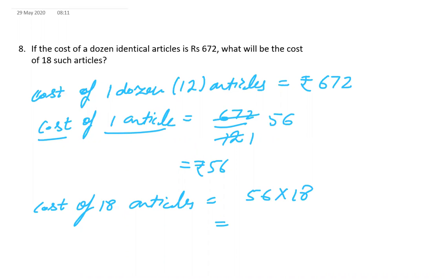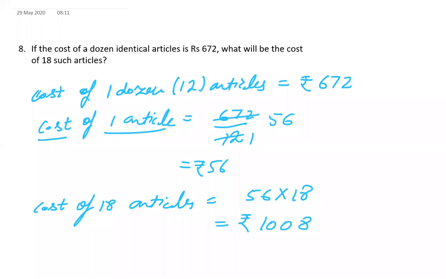Lavisa, 56 is the cost of one article. Now find the cost of 18 such articles. So in order to do that, multiply the cost of one article, which is 56, by 18. Give me the answer, everyone. So the cost of 18 articles is rupees 1008. This is the answer.